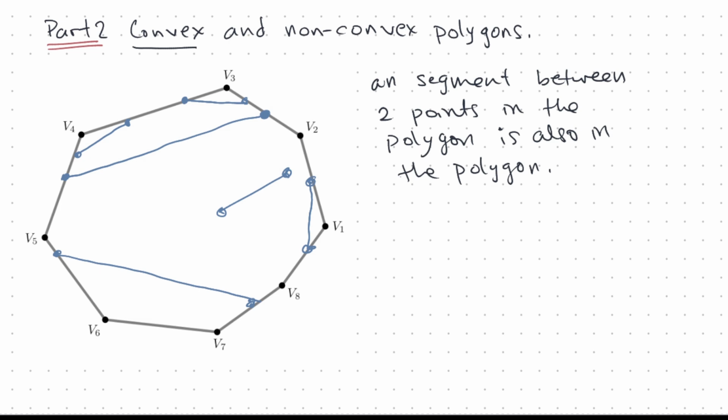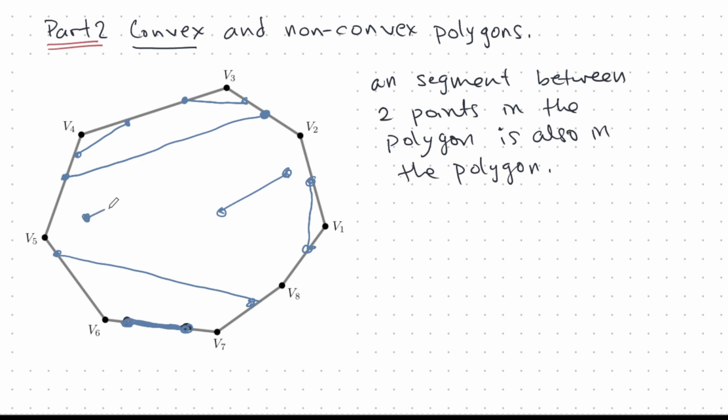And this works for a case like this here, for example, two points along the boundary. Those points are in the polygon. They're on the boundary of the polygon. So we say, okay, they're in the polygon. They're not in the interior of the polygon, but they're in the polygon. And this segment is in the polygon. It's along the boundary.